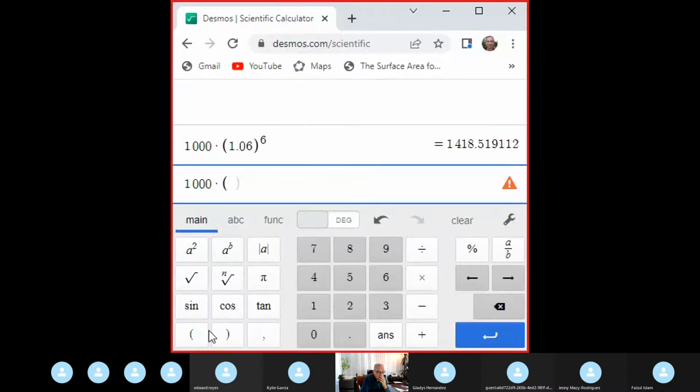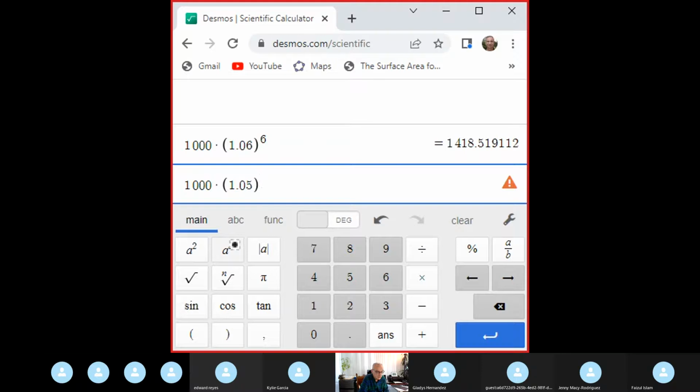You put inside 1.05: 1, decimal point, 0.05. You close the parenthesis also, and you put the power. On the majority of calculators, the power key can look like a roof of a house.